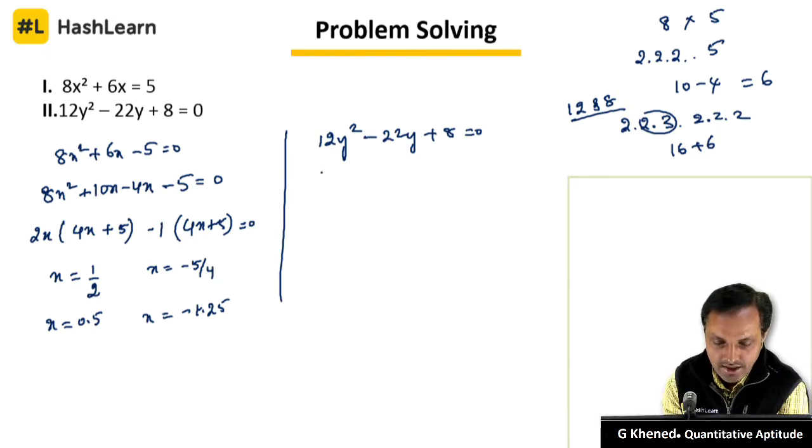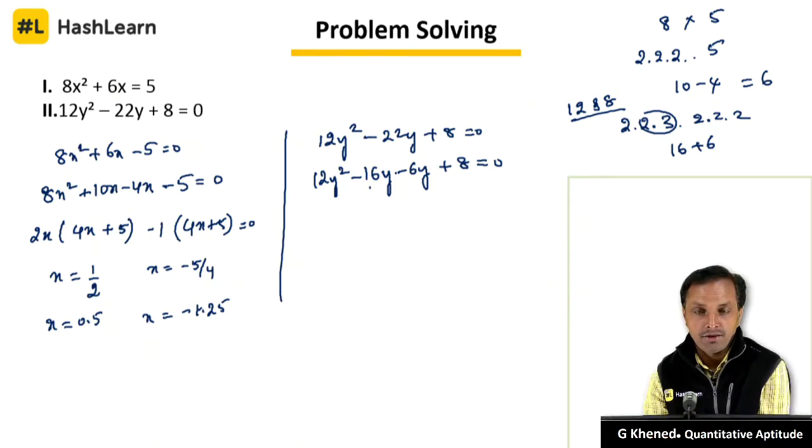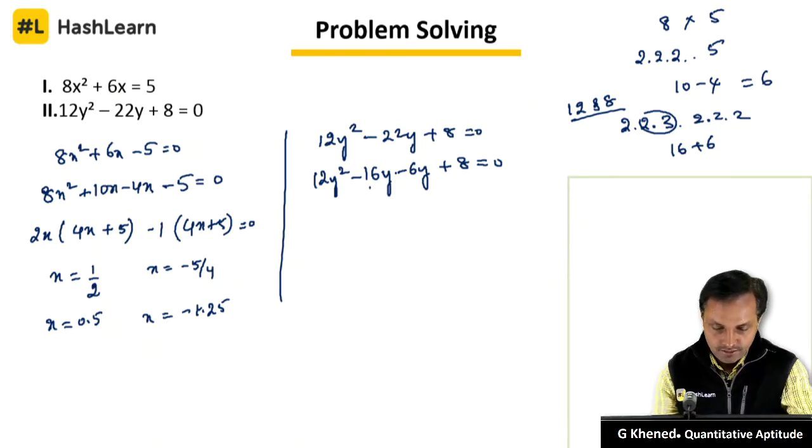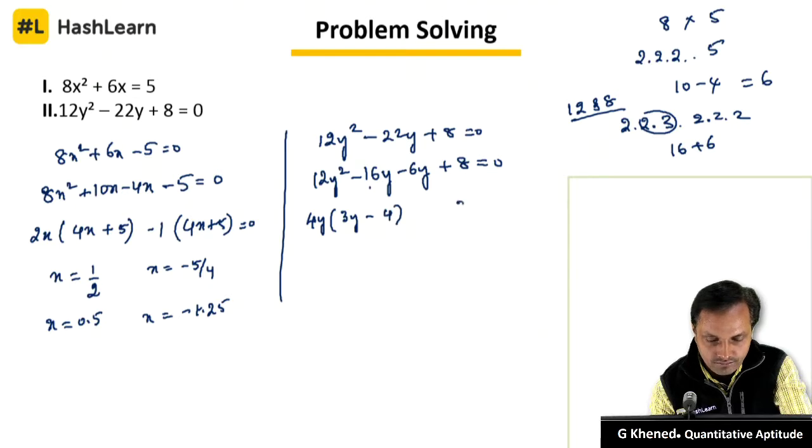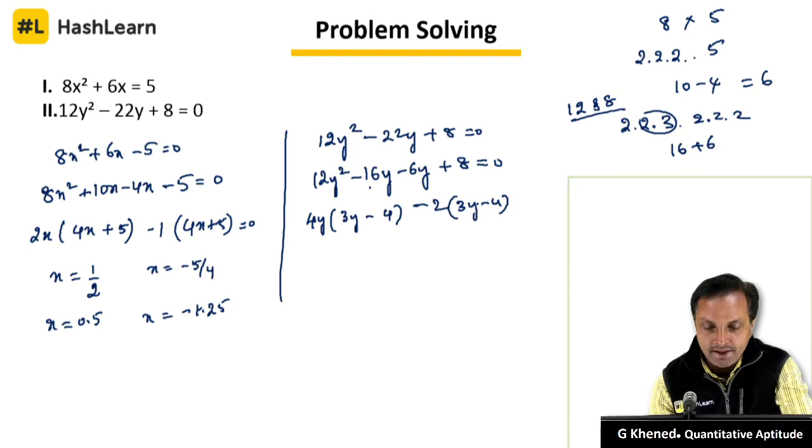So you can take this as 12y square minus 16y minus 6y plus 8 is equal to 0. Minus 16 with minus 6 will give you minus 22. If you solve, 4y is common, so you will have minus 2 at the end.